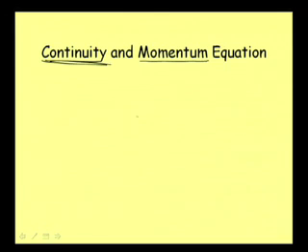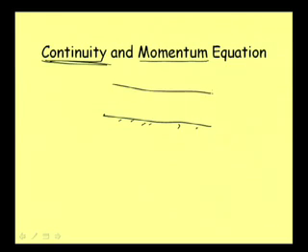Let this be a channel, one dimensional we are talking about, and the flow is moving like this, and let me consider two sections, this is 1 and 2, section 1 and section 2, and let me draw the cross section here.